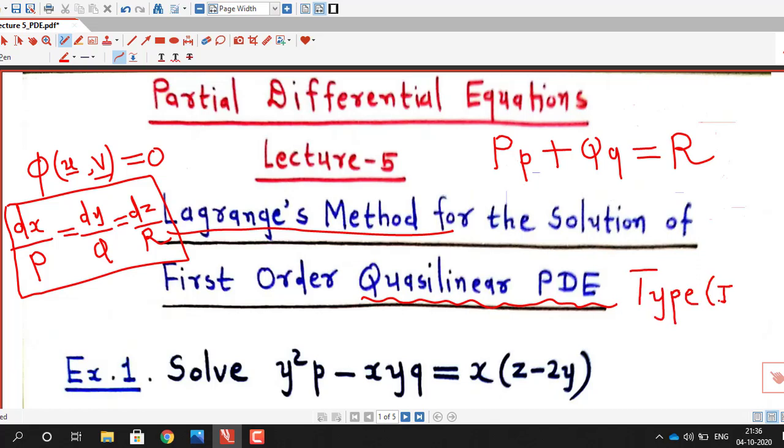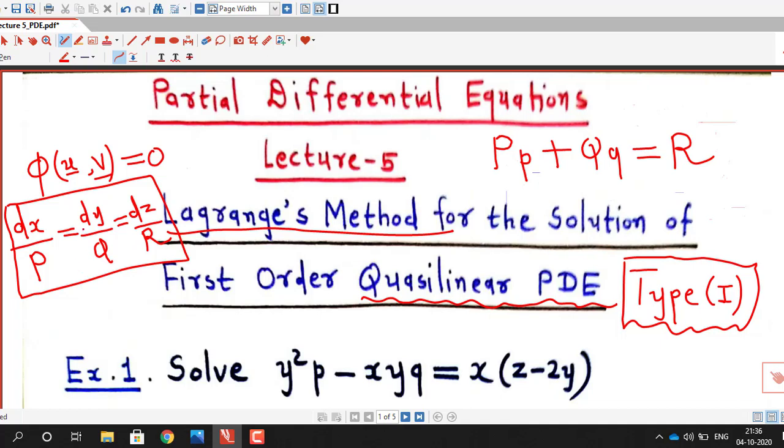We are going to discuss four different types of solving Lagrange auxiliary equations. So the first type is if it is possible to find out the solutions u and v by directly comparing two of these three fractions.